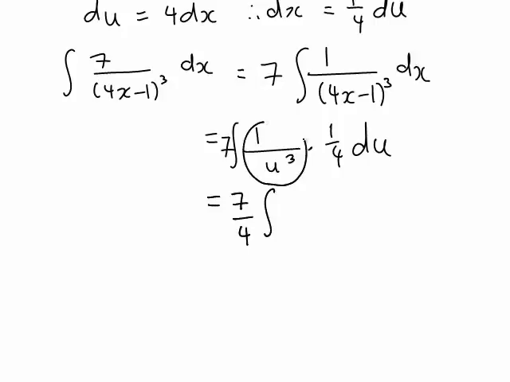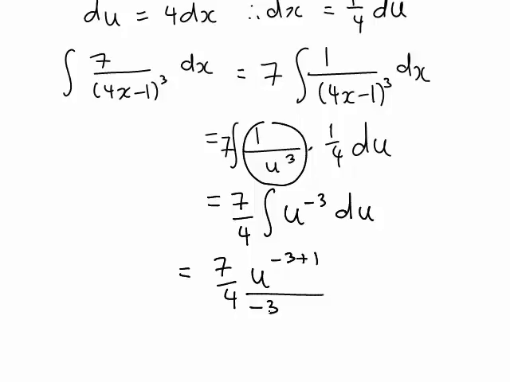Looking at this part, 1 divided by u cubed, it's useful here to write that in index form. So that's u to the negative 3. That is, we're evaluating 7 divided by 4 times the integral of u to the negative 3 du. Now, integrating u to the negative 3, that'll become u to the negative 3 plus 1 divided by negative 3 plus 1, and that's all plus constant c.